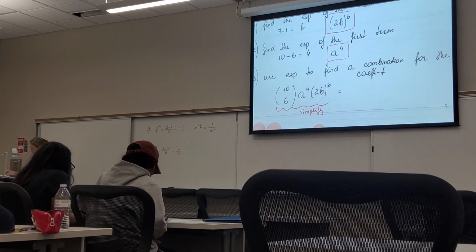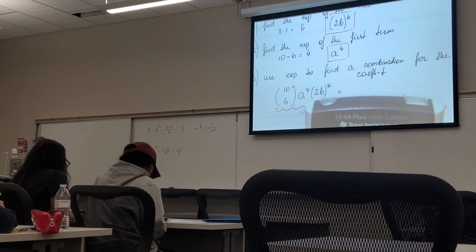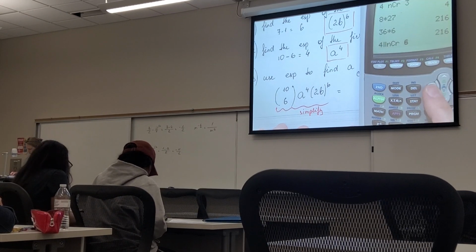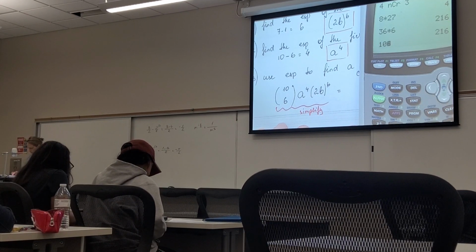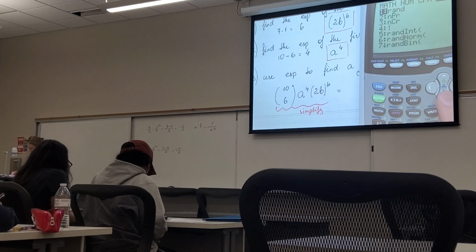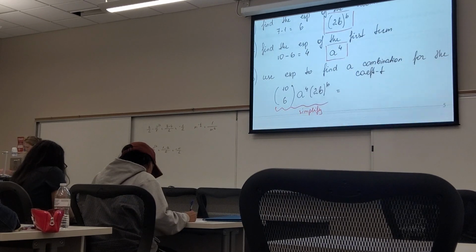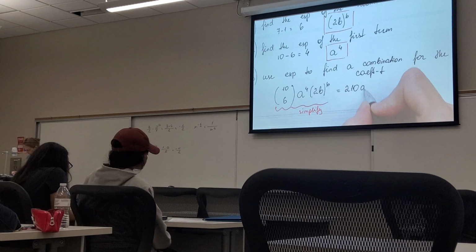Let's calculate. So we have a group of 6 out of 10, which gives me 210, times a to the 4th.